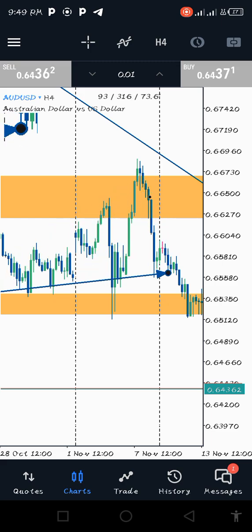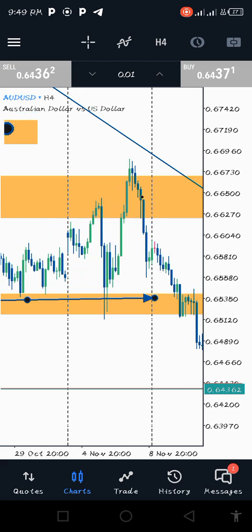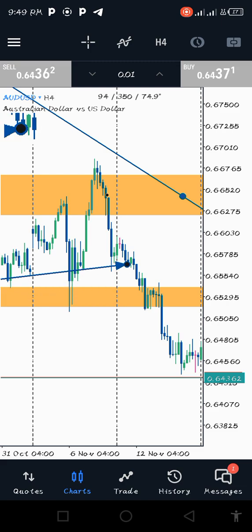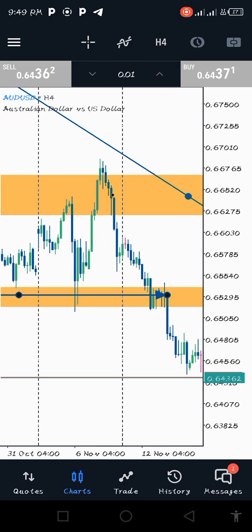If we could have changed our bias to bullish and price came back into this zone and did not give us our entry, that would be a loss for us.